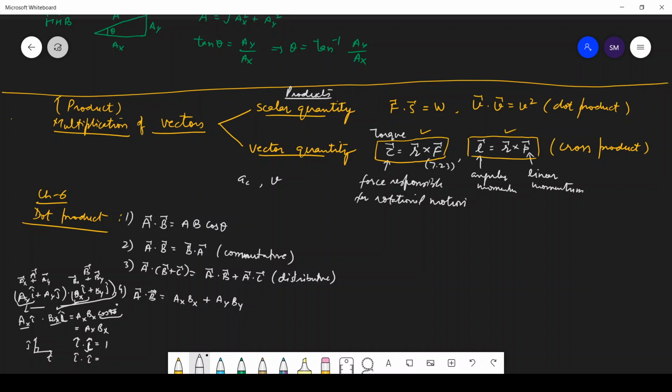The angle between them is 0, not 90, and cos 0 is 1. So I dot I is equal to 1 because the angle between them is 0 and cos 0 is 1. I dot j is equal to 0, and even j dot k, because the angle between them is 90 degrees. That's how we get this.